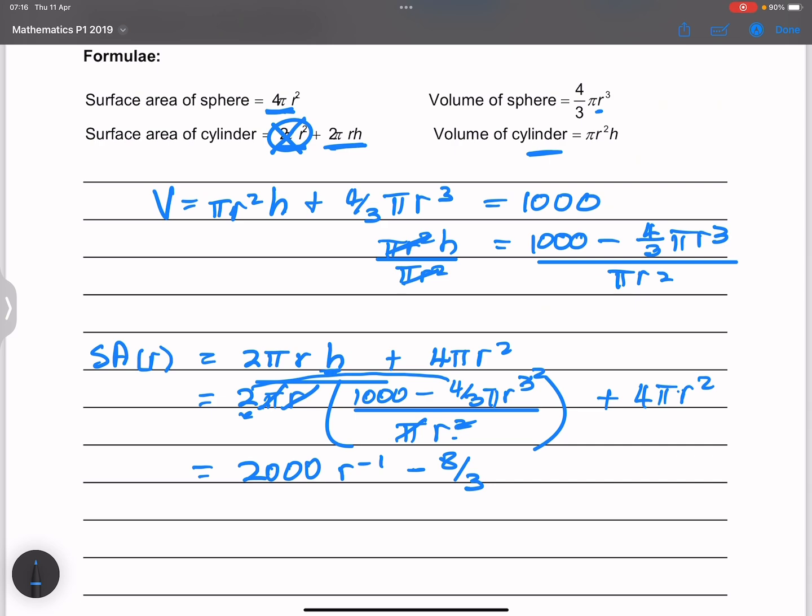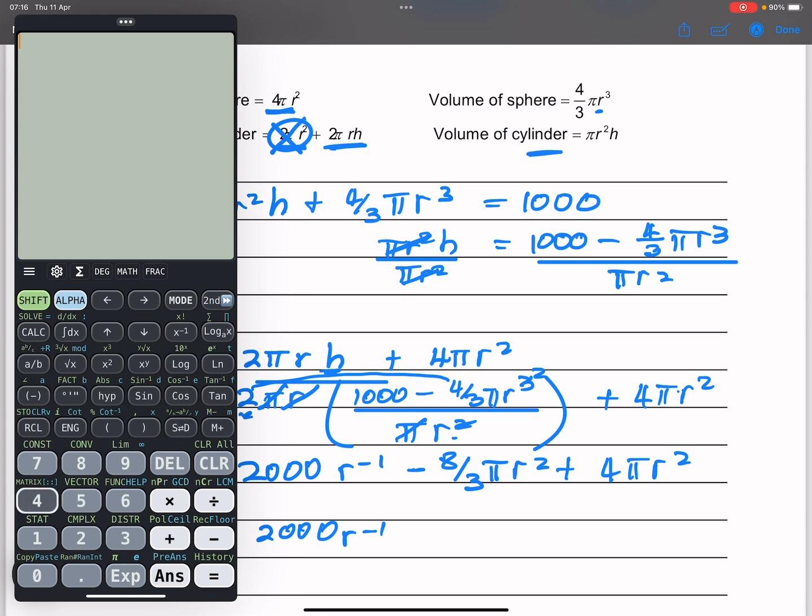Okay, that's going to be pi r squared, plus 4 pi r squared. Now, to simplify it a little bit further, we've got 2000 r minus 1. Okay, so that's 4 minus 8 over 3, that's 8 over 3.